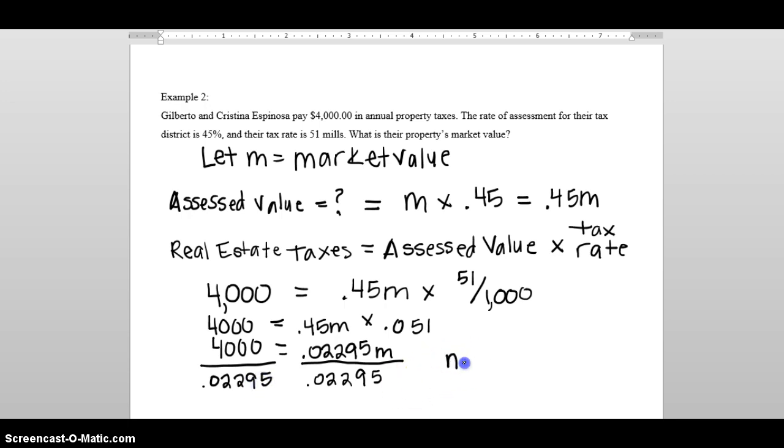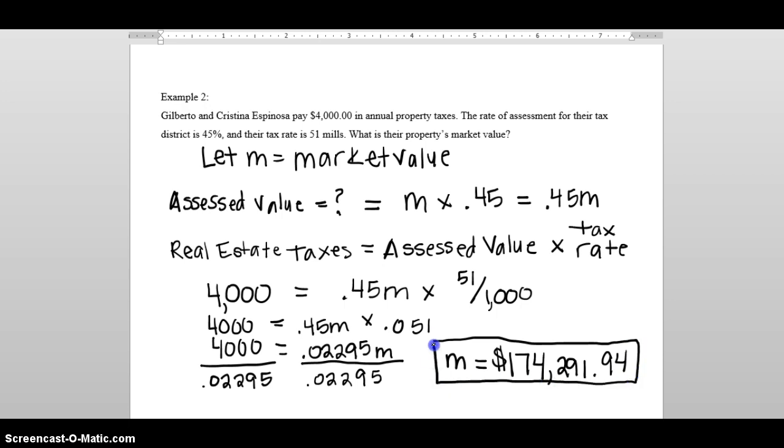And we get that M, or the market value, is going to equal $174,291.94. So if we know our property taxes, rate of assessment, and the tax rate, we can find our market value.